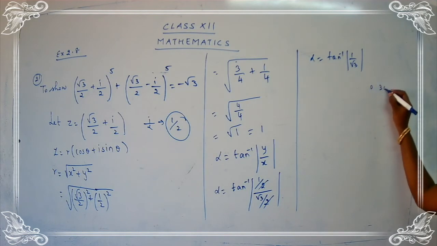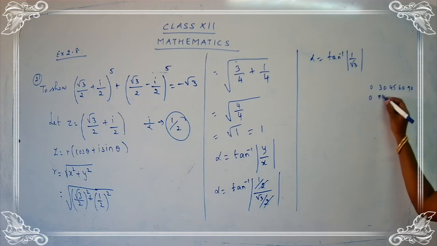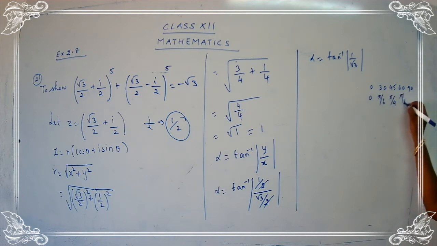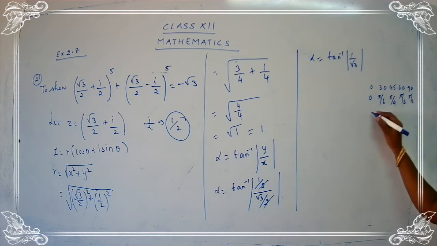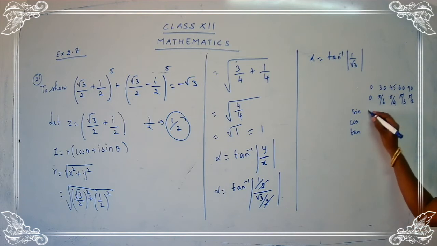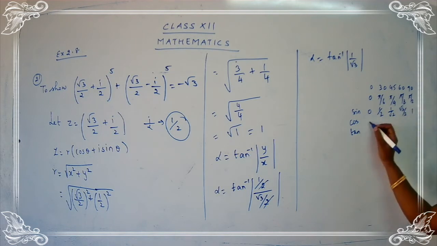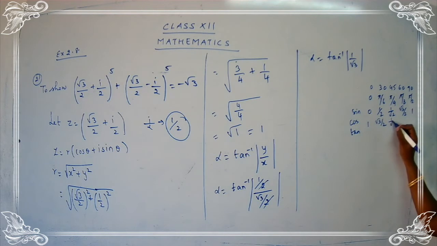So 0, 30, 45, 60, 90, that is 0, pi by 6, pi by 4, pi by 3, pi by 2. Sine, cos, tan. For sine: 0, half, 1 by root 2, root 3 by 2, 1. Reverse it for cos: 1, root 3 by 2, 1 by root 2, 1 by 2, 0.